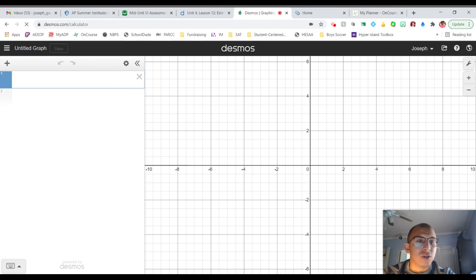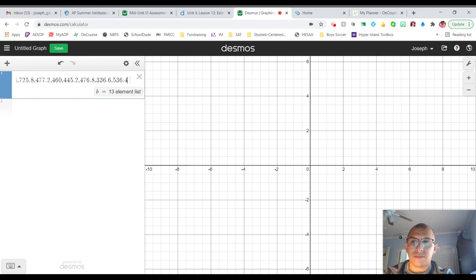So I'm going to show you a little bit of statistical technology. We can define data on Desmos to be a part of a list by typing a letter to reference that list. Can you do a word? No, you can't. So a letter to represent that list.